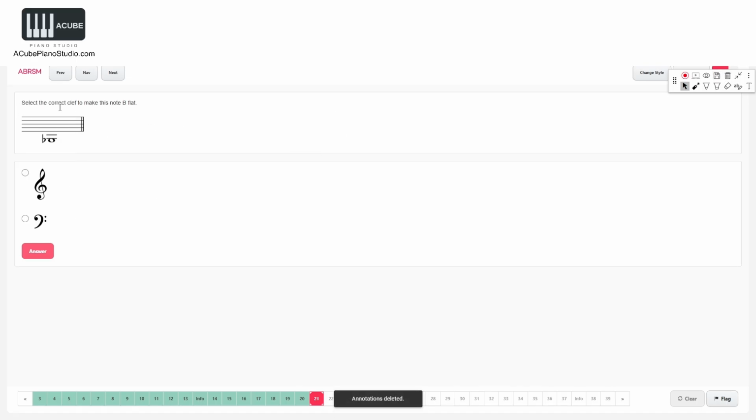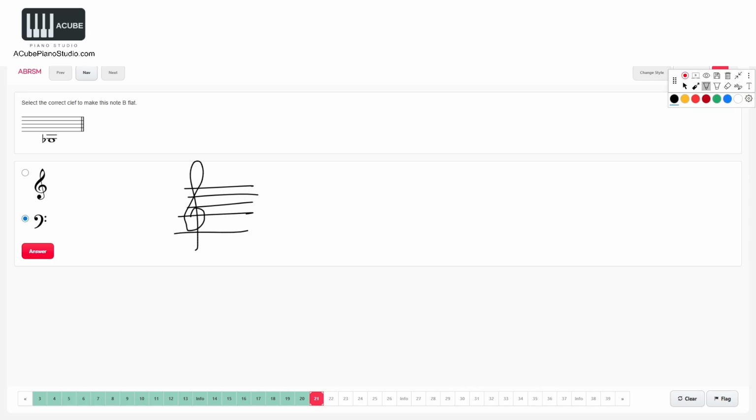Okay, next, select the correct clef to make this B flat. So it is basically bass clef, right? But if we want to count notes, we often use reference notes. So this is C, this is C, this is C. This is C4, this is C5, this is C6.